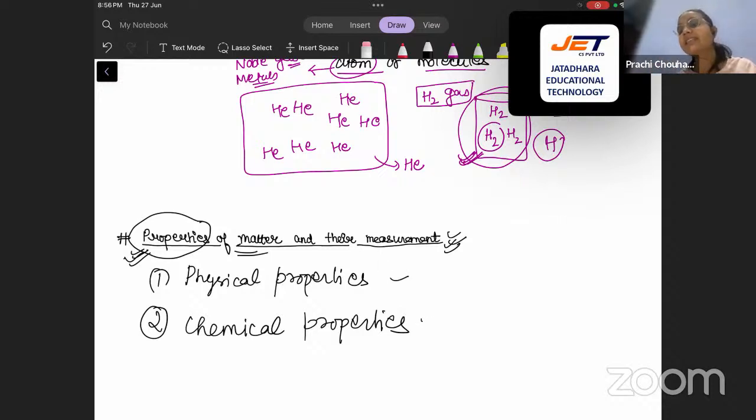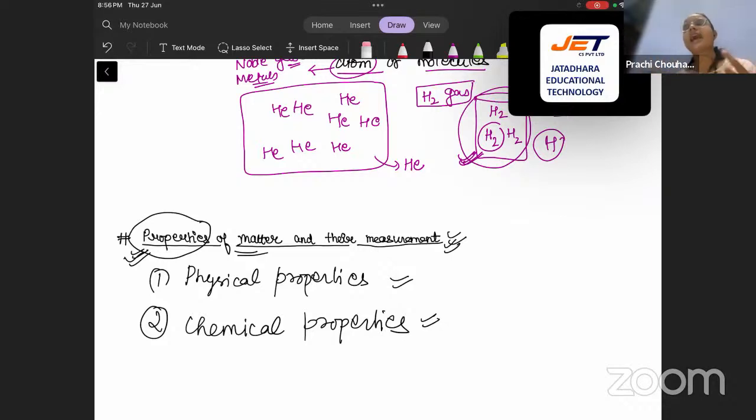These are the things that we will be learning in the next session, like what the physical properties are and what properties we will be measuring so as to understand the properties of matter.